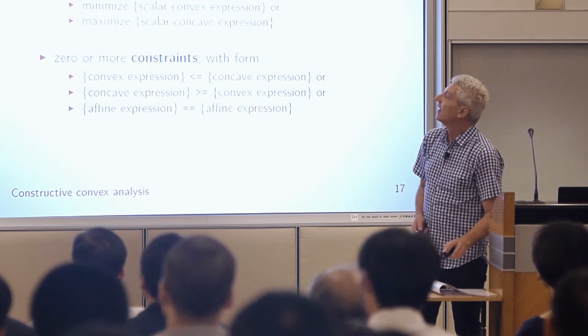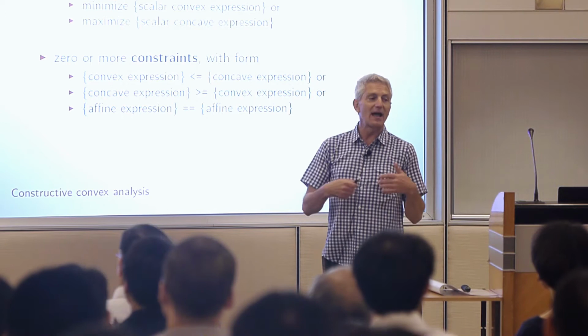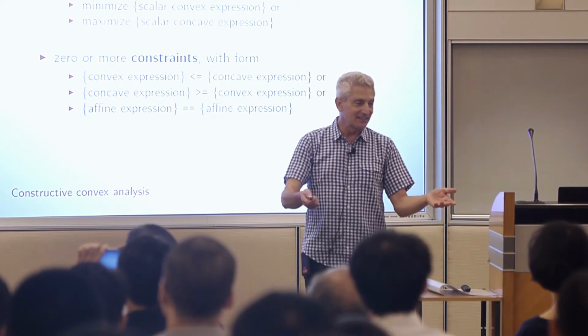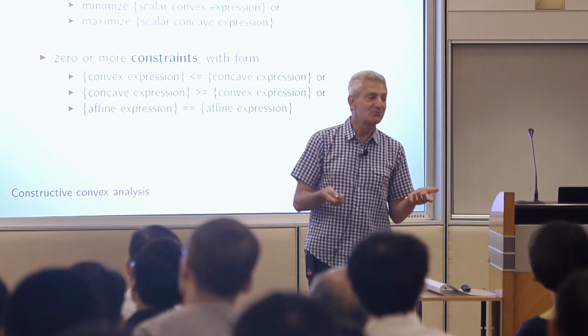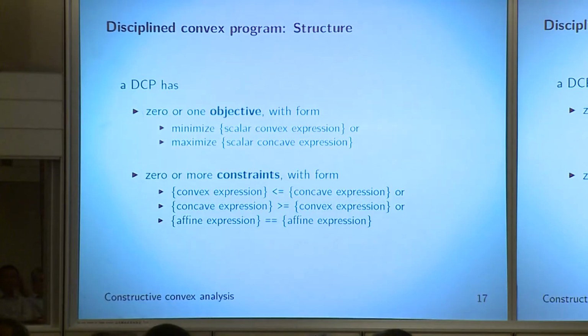So this is the idea. Now I'll tell you what it is mathematically, but if you know about languages, I'm essentially describing the Backus-Naur form of a language. In the formal computer science sense, I'm describing a language. So here it is. A DCP consists of 0 or 1 objective. If it has 0, it's a feasibility problem.